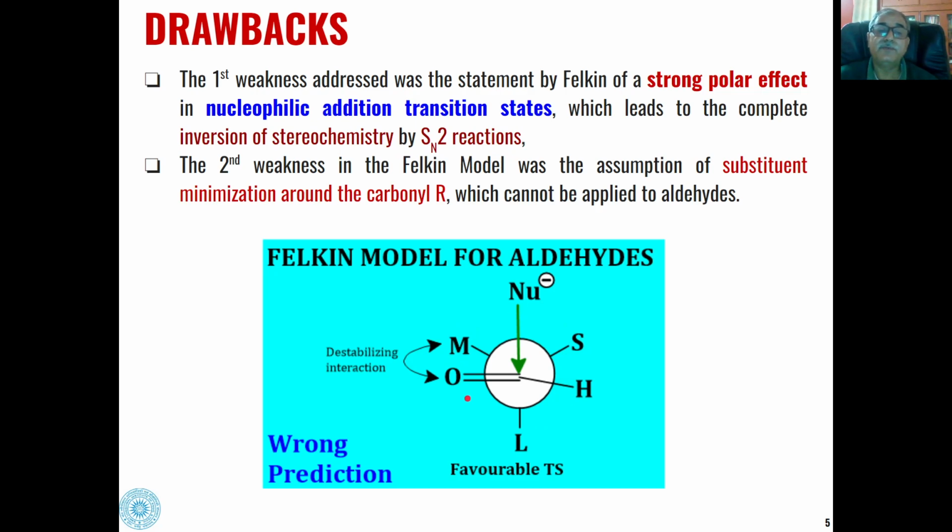the drawback of the Cram model is that it cannot explain the formation of products in the case of aldehydes, and this is because of the Cram model assumption of substituent minimization around the carbonyl R. So according to the Cram model, this is the favorable transition state for aldehydes, but this will lead to the formation of the minor product, not the major product.